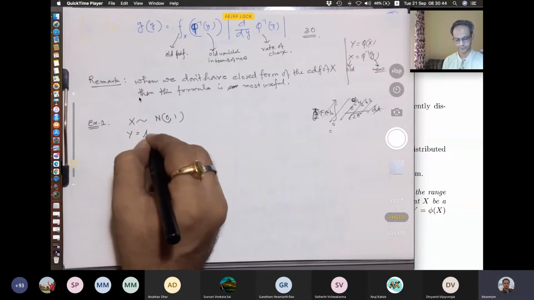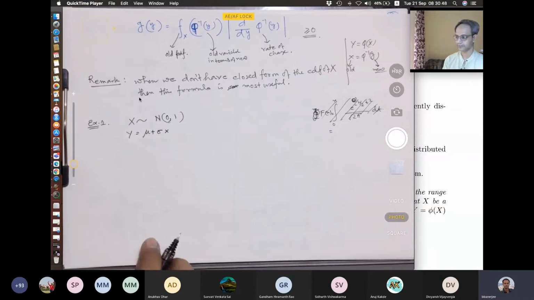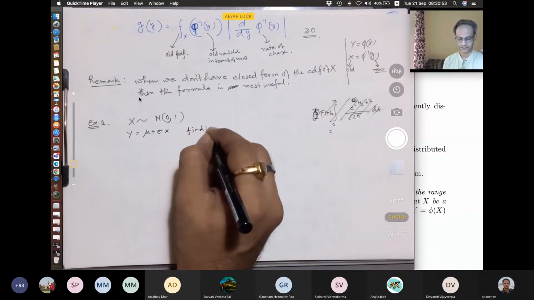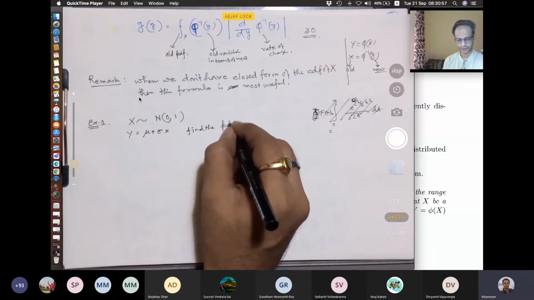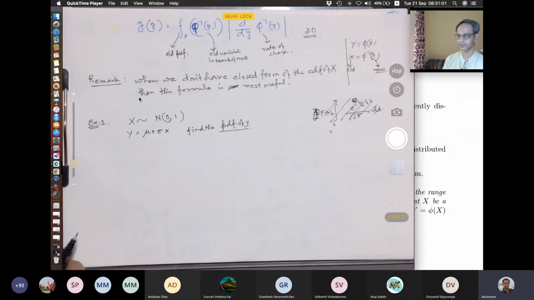Y equals mu plus sigma X. Find the PDF of Y. This is what you know and you can verify it immediately. Do it.